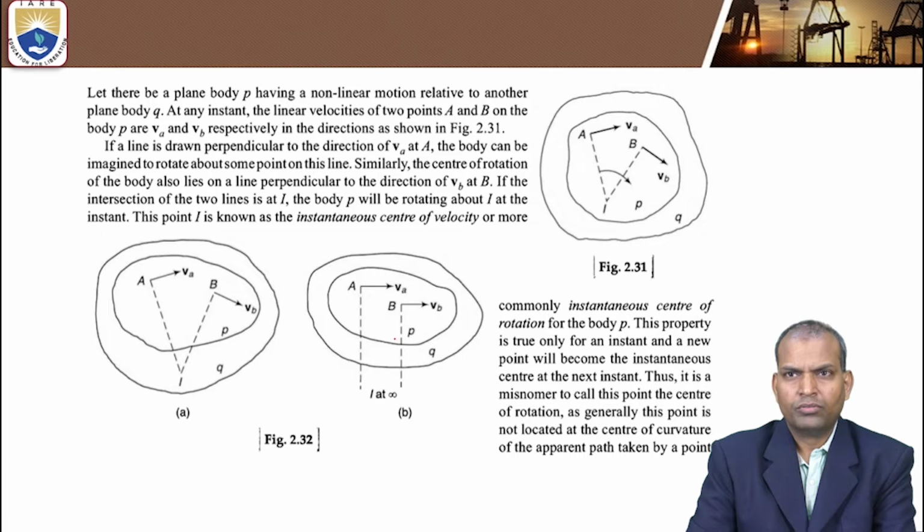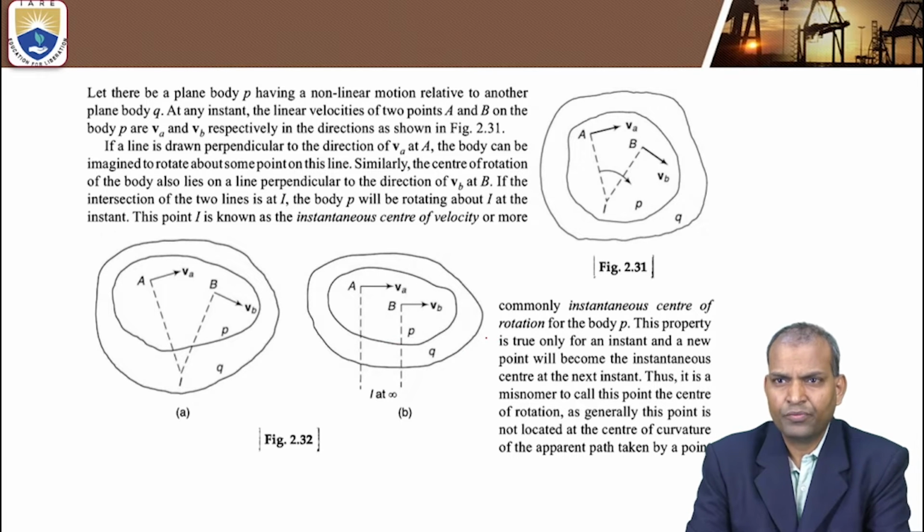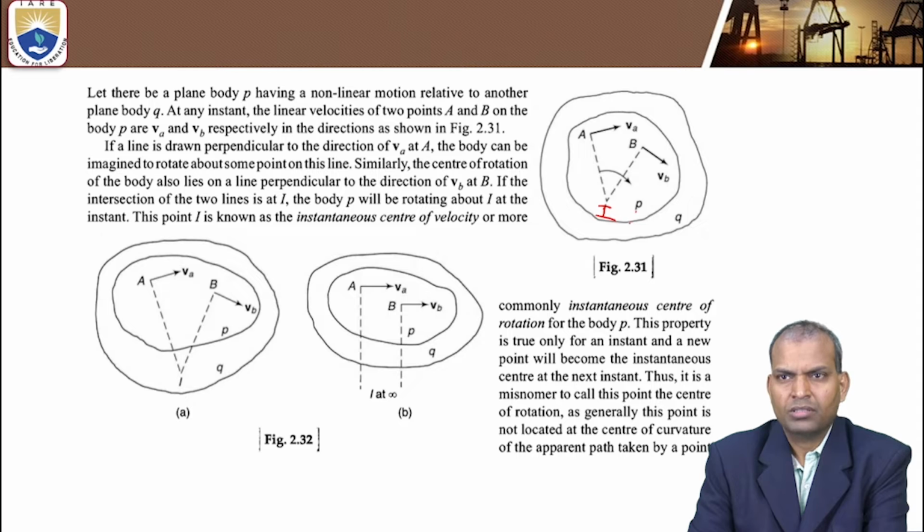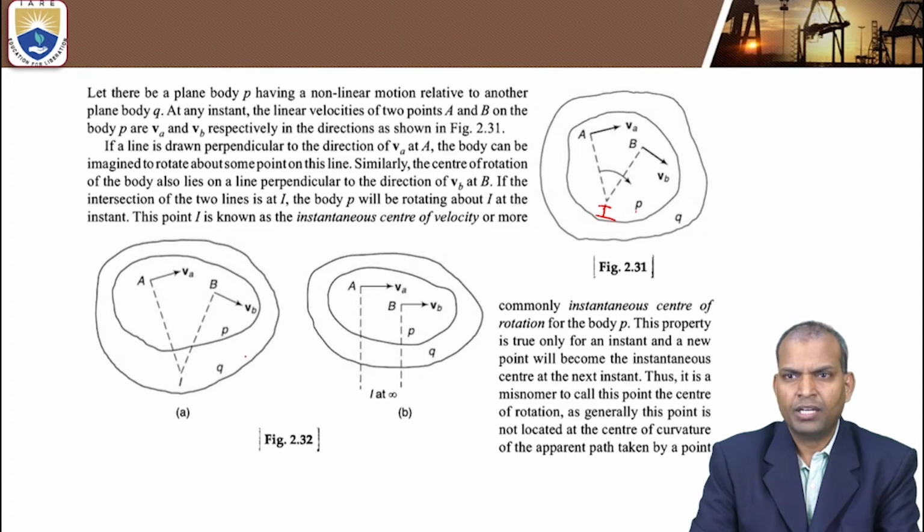Now, this I is the I-center of rotation of body P with respect to, or in relation to, the body Q. This property is true only for an instant, and a new point will become the instantaneous center at the next instant.